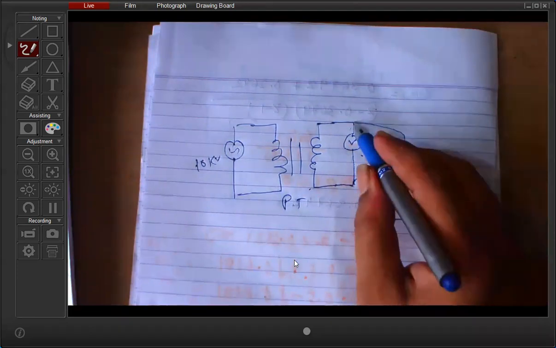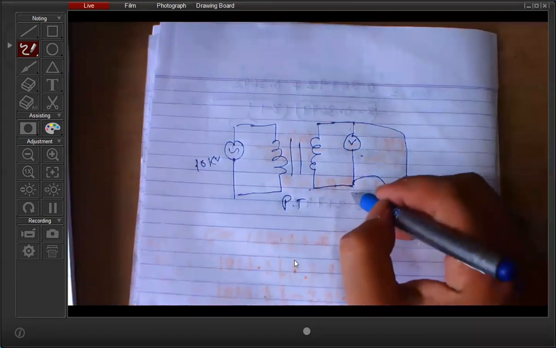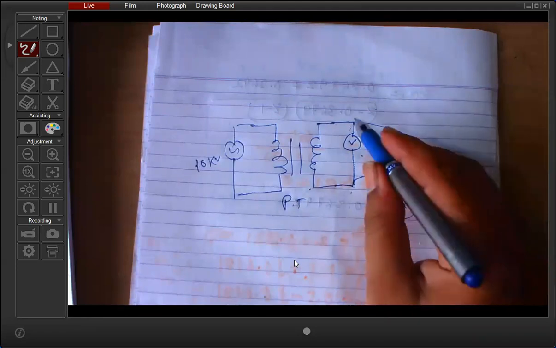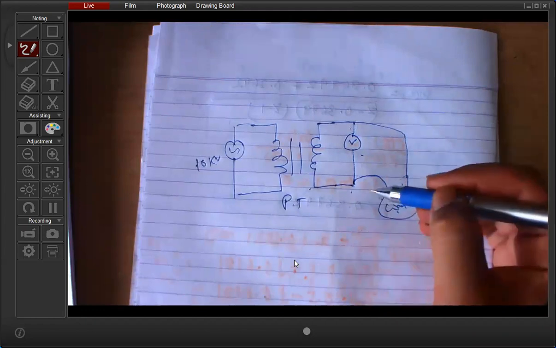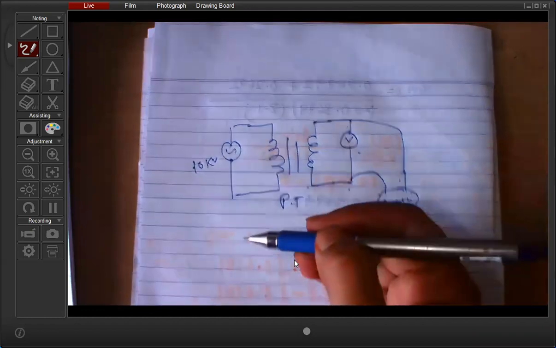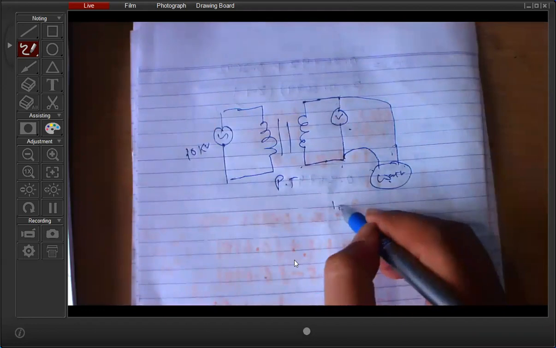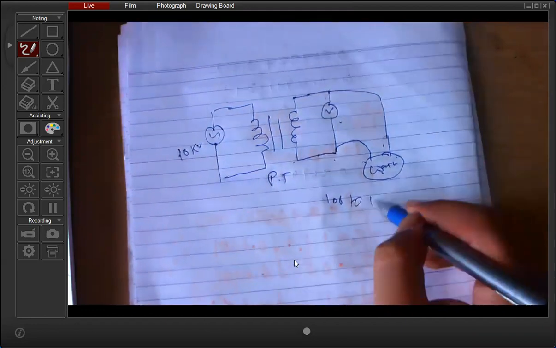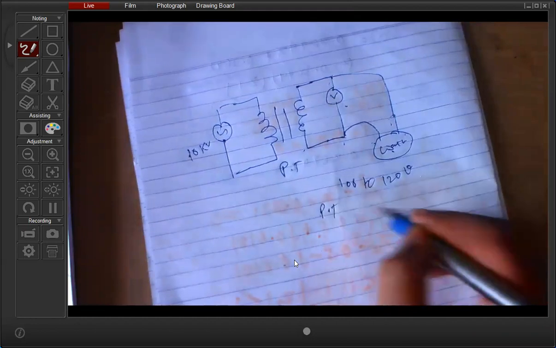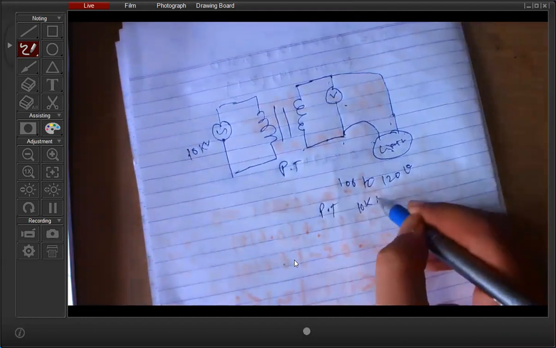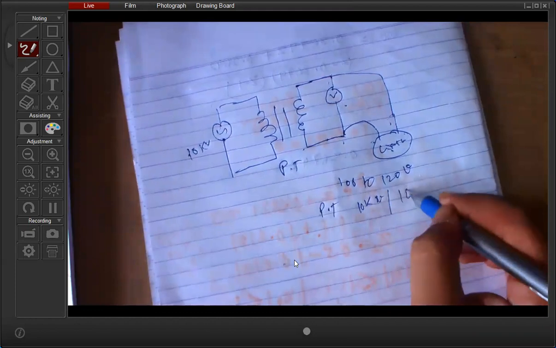That means the impedance of the secondary side is very low, and the loading on the potential transformer is always small, and the secondary winding is designed for a voltage of 100 to 120 volt. So suppose you have one potential transformer rated 10 kV to 100 volt.